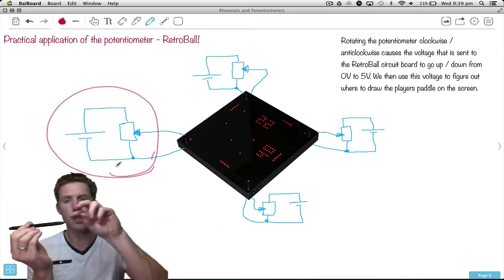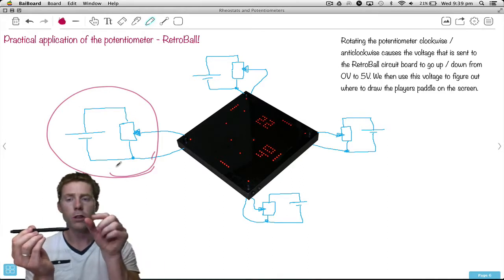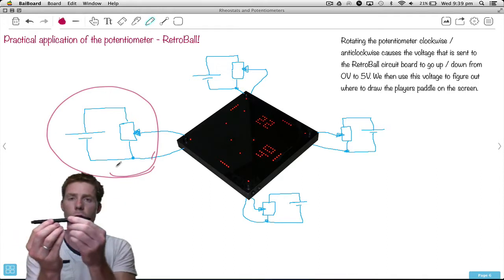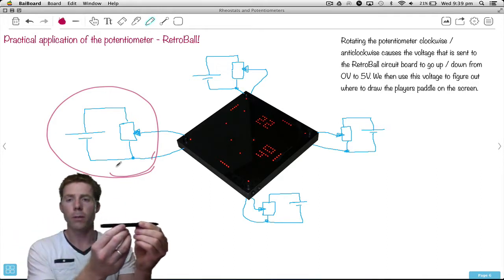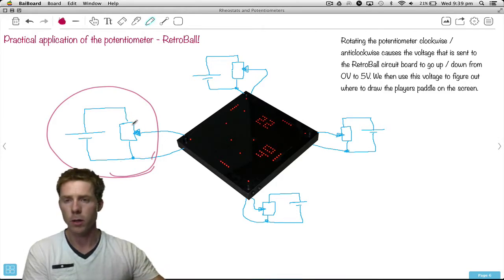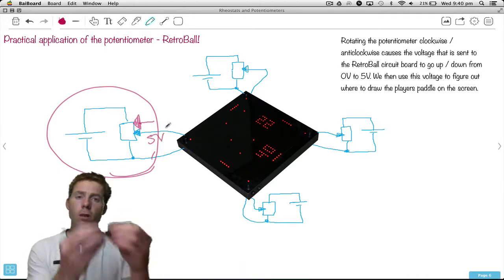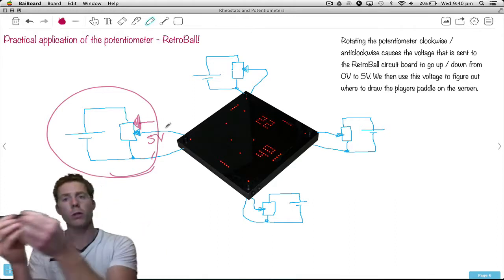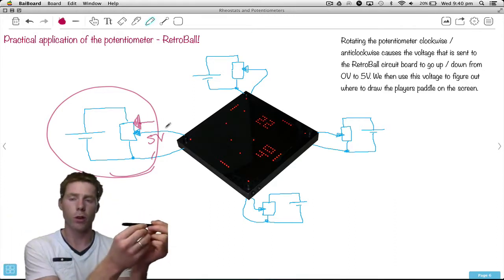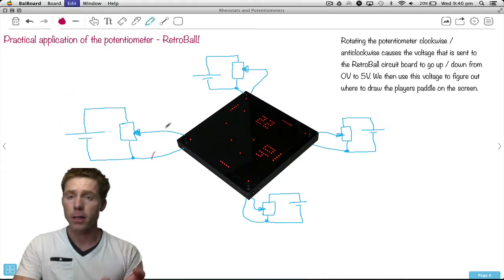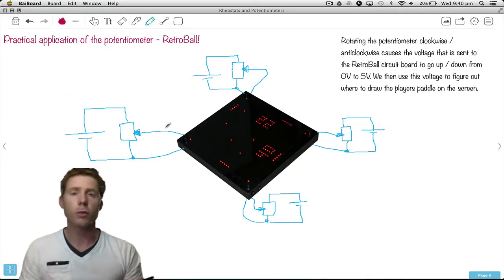But then as the player starts to rotate the potentiometer, the voltage goes up and up and up, and the retro ball circuitry keeps moving this across, and then we get all the way to 5 volts, which means this has been rotated so far that it's all the way at the top. 5 volts comes out, and then this will be over to the very right hand extreme. So 0 volts is all the way here, 5 volts is all the way over here. So that is a practical application of a potentiometer.